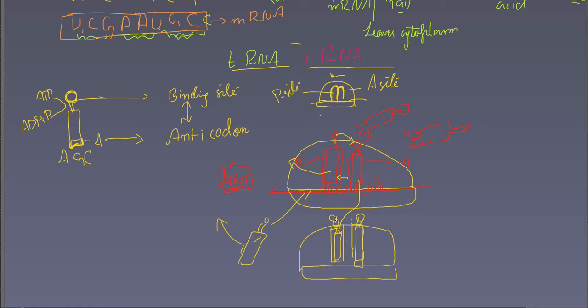Now these two amino acids leave this tRNA and attach themselves to the other tRNA, and again this one leaves, and this tRNA molecule takes its place. So it leaves the A site and comes to the P site. This P site is the place where the growing polypeptide is supported, and the A site is the place where amino acids are being added.